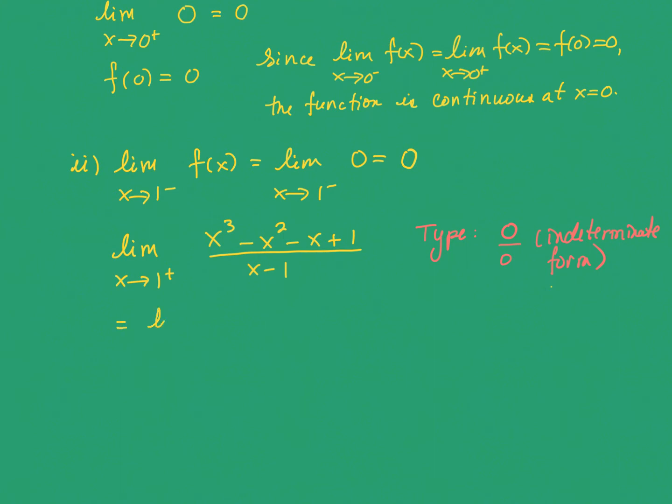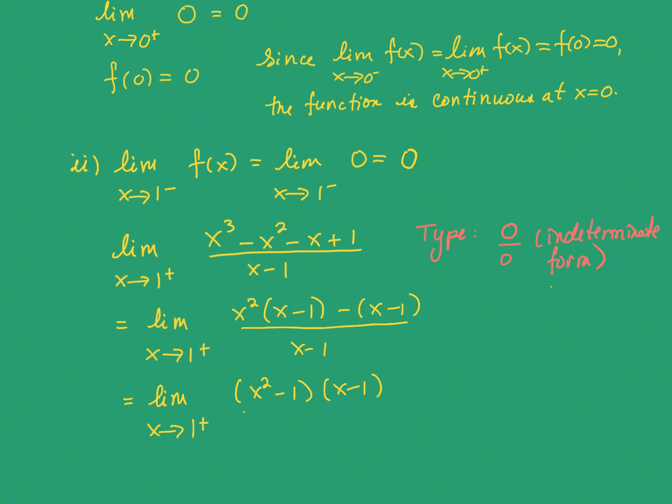So I'm going to rewrite this as the limit as x tends to 1 from the right. I'm going to pull out an x squared, and I get x minus 1. In the first piece, I pulled out an x squared there, and then I'm just going to pull out a minus 1 in this piece, and then I'm going to get minus x minus 1, and that's all over x minus 1. And applying the distributive law, this becomes x squared minus 1 times x minus 1 over x minus 1.